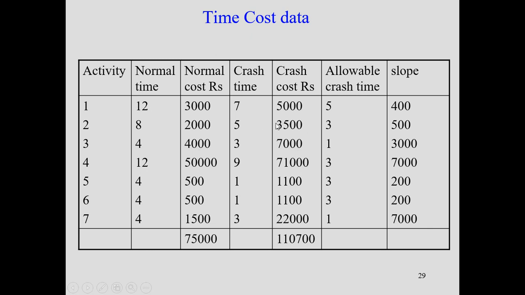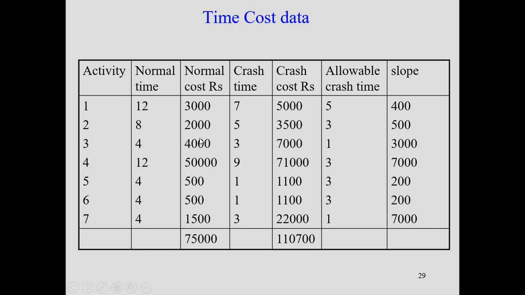In the same way, 3,500 minus 2,000, which is 1,500, divided by the corresponding time of 3, gives 500. Then 7,000 minus 4,000, which is 3,000, divided by 1 gives you 3,000. This is nothing but the crash cost per unit time.